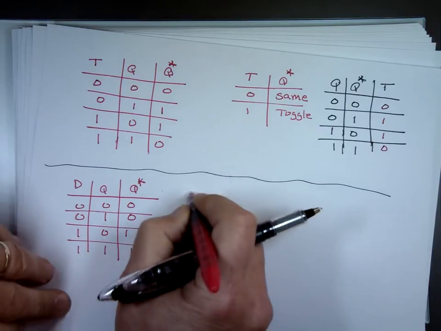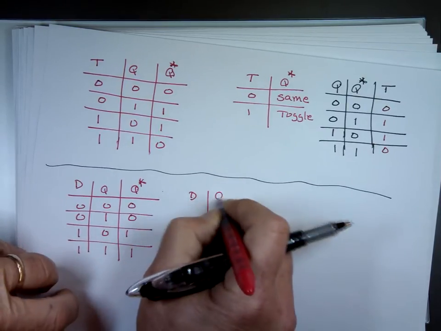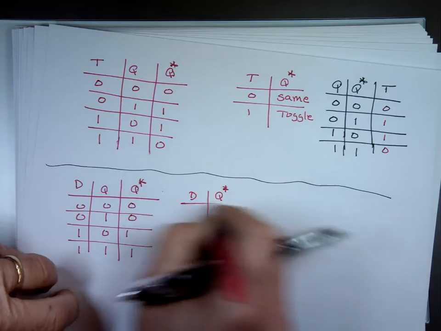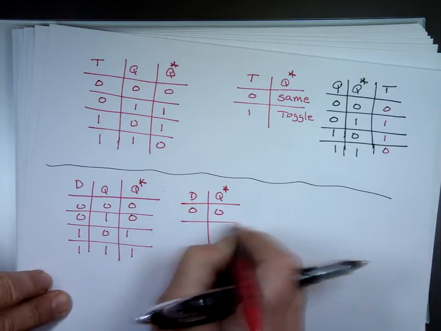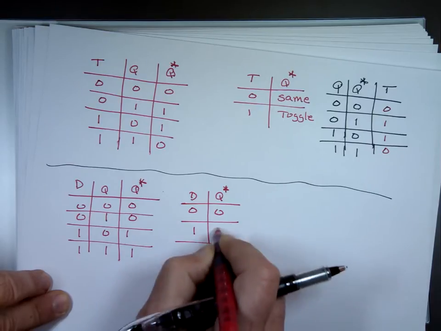The D flip-flop is the same as D. When D is 0, you get a 0. When D is 1, you get a 1.